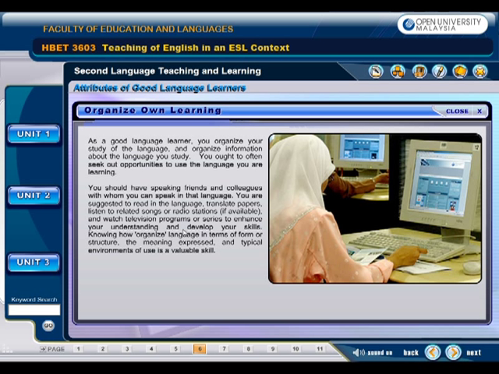You are suggested to read in the language, translate papers, listen to related songs or radio stations, if available, and watch television programs or series to enhance your understanding and develop your skills. Knowing how to organize language in terms of form or structure, the meaning expressed, and typical environments of use is a valuable skill.